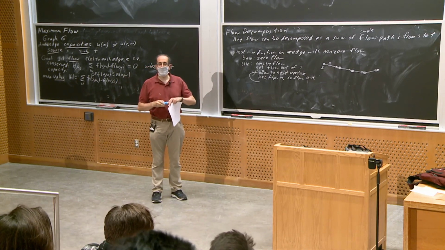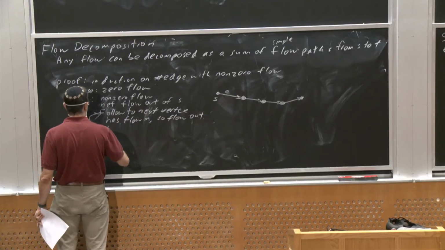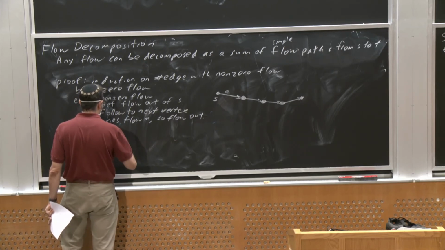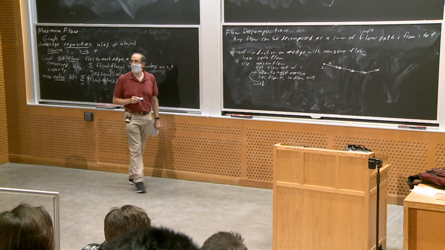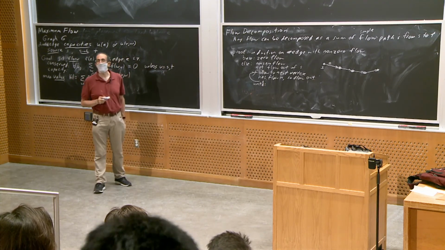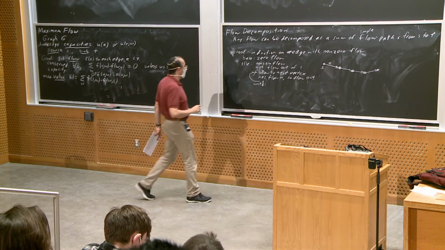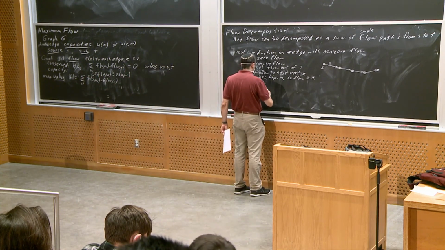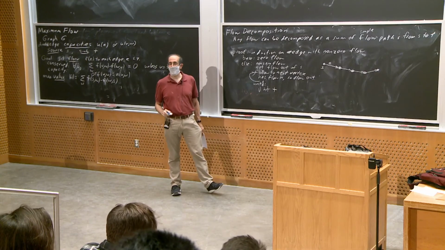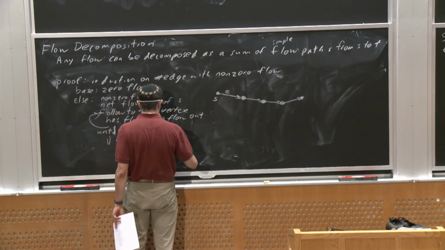So what interesting things could happen? Remember, we're looking for ST paths. So in what way might we get lucky? One possibility is we hit T. Now if we hit T, that means that we found an ST path.